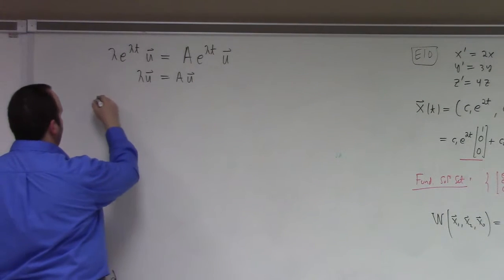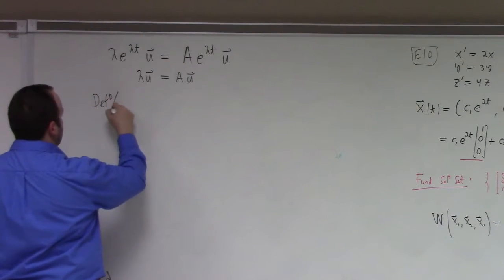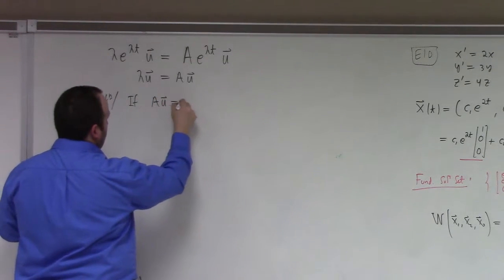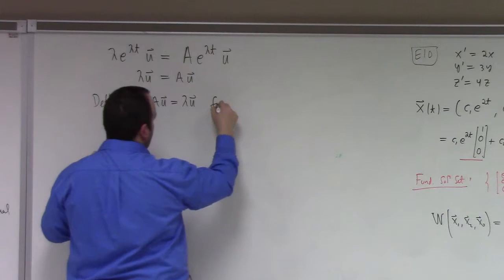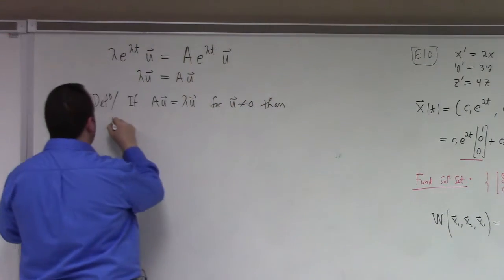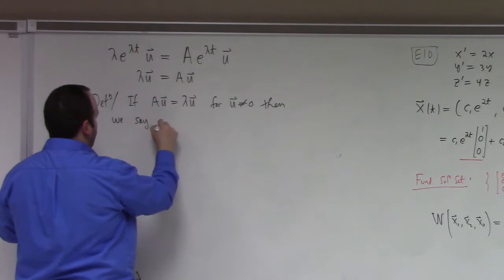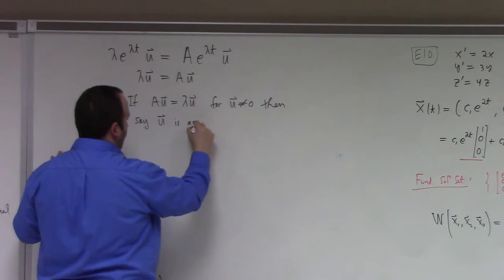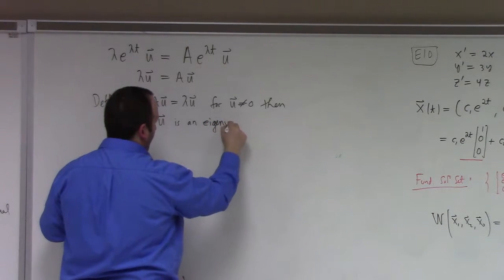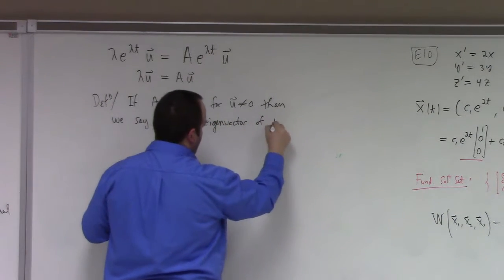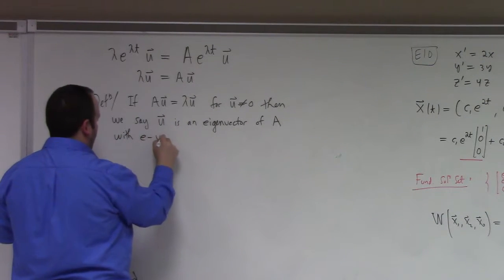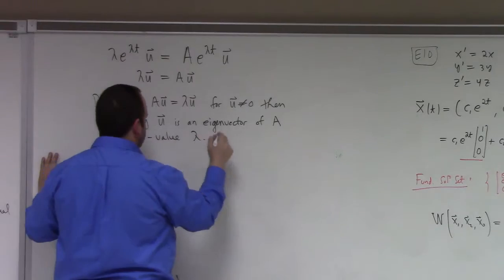Or, and by the way, by definition, if Au is equal to λu for u not equal to 0, then we say u is an eigenvector of A with eigenvalue λ.